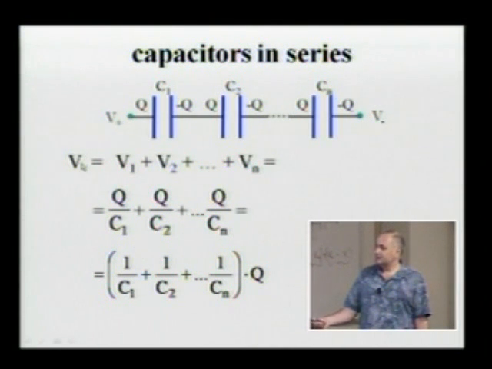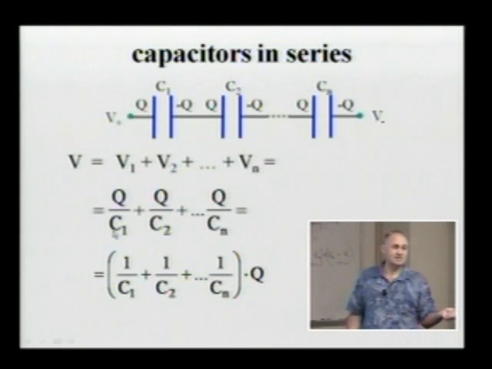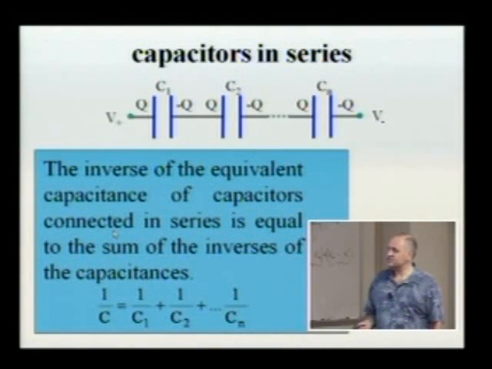Well, this is a proportionality coefficient. I have to multiply charge by this proportionality coefficient to get potential difference. Now, in the definition of capacitance, charge is equal to capacitance multiplied by potential difference. So if I solve for potential difference, this coefficient is the inverse of the capacitance of the system.